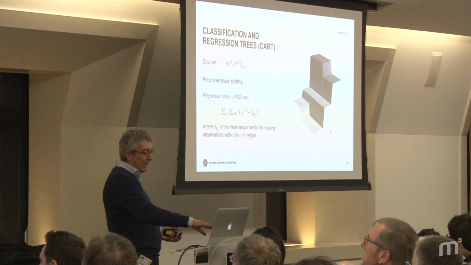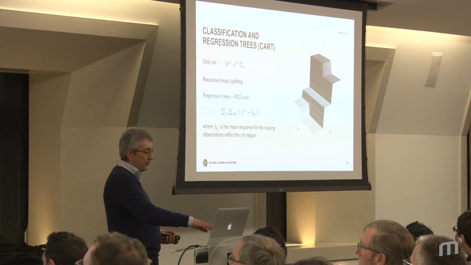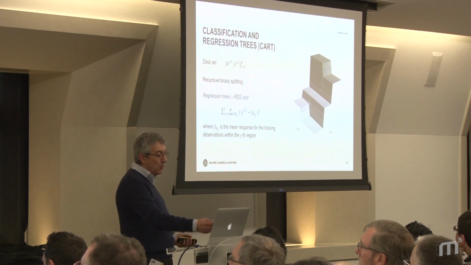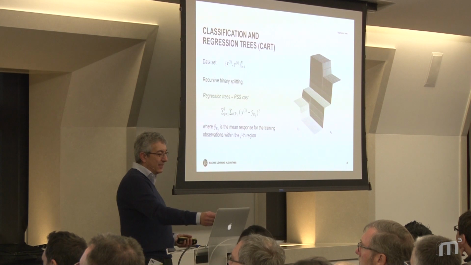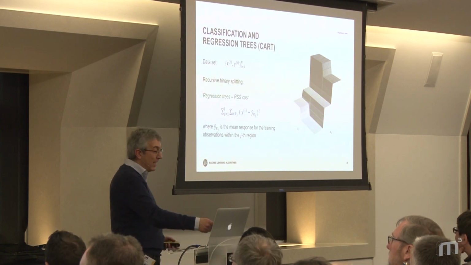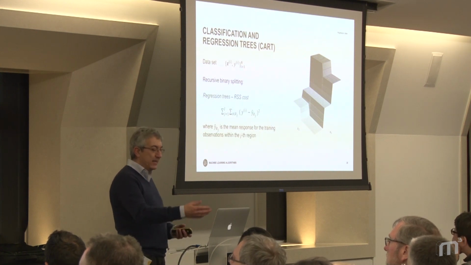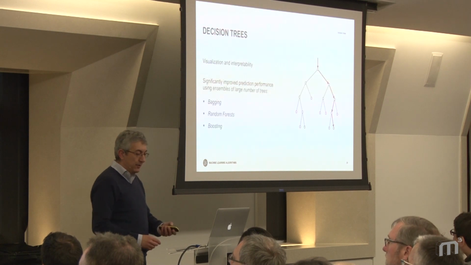So it's really a stepwise approximation of a function. And of course, the smaller the error between the average of the points that belong to one region and the individual elements in the region, the lower the residual sum of squares. That's the mechanism by which the tree is grown.